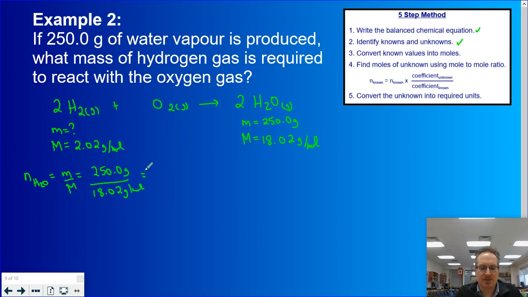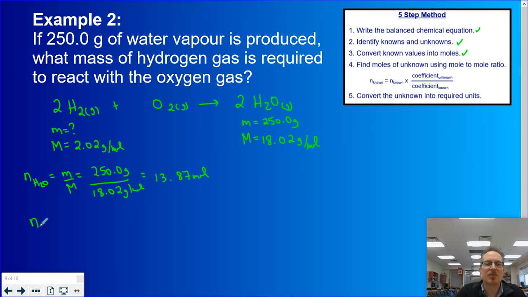So 250 divided by 18.02. I go back, I'm allowed 4 sig digs in the question, so my answer is going to be 13.87 moles.